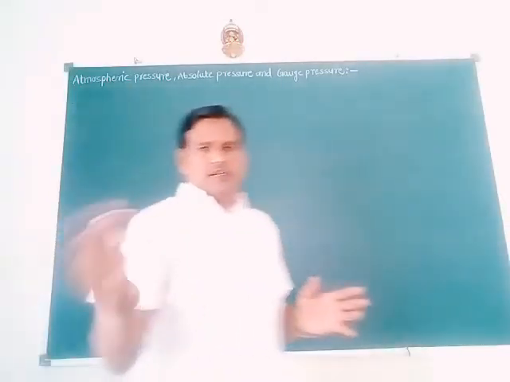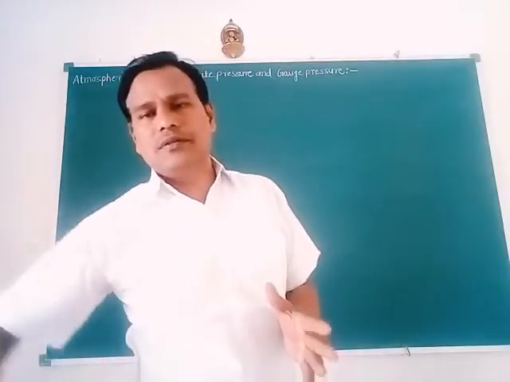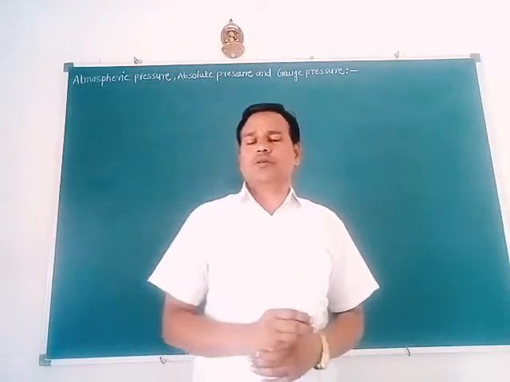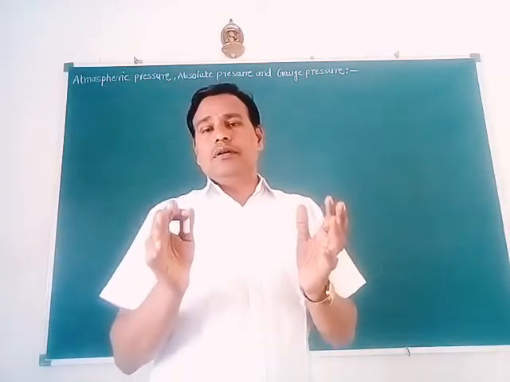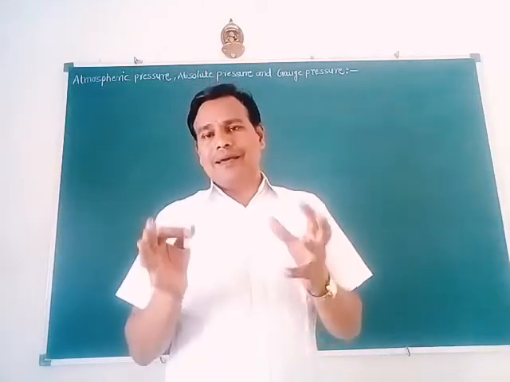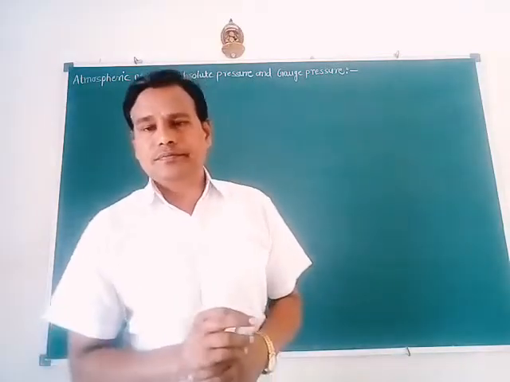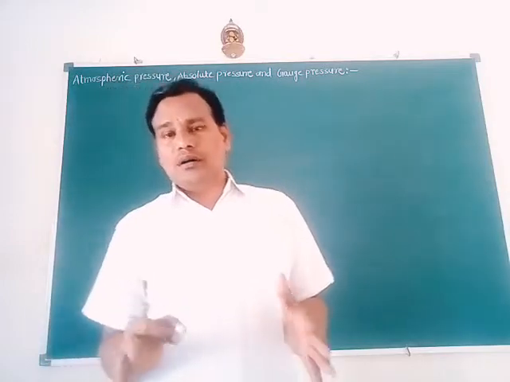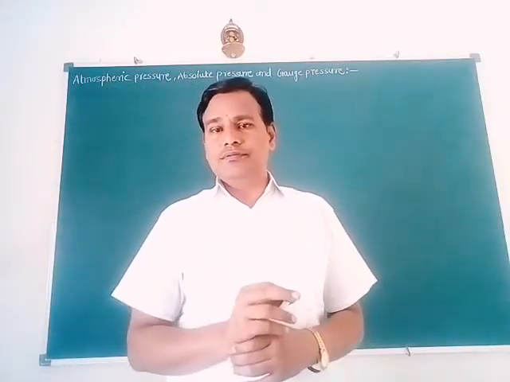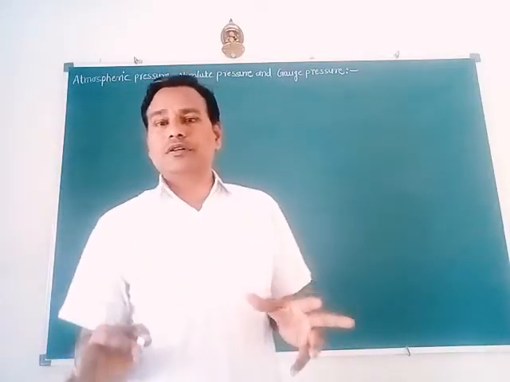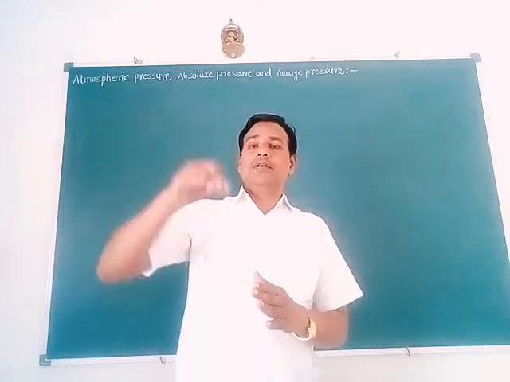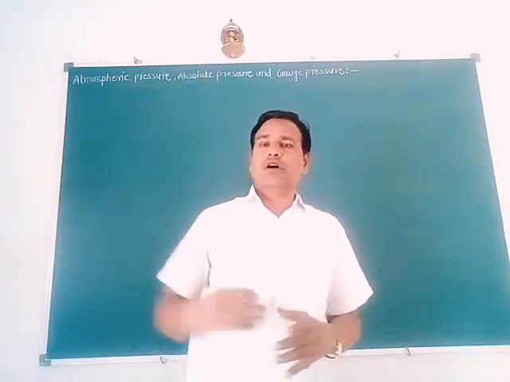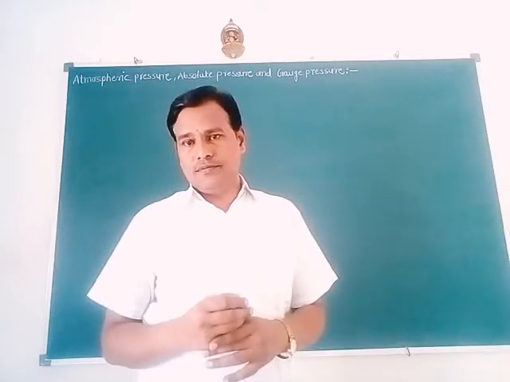So what is meant by atmospheric pressure? We will study first the atmospheric pressure. As we discussed in the first lecture on this chapter, air or gas is a fluid, and we know that the layers of air surrounding earth are called the atmosphere. Means atmosphere consists of different layers of air up to a certain height above the surface of earth.